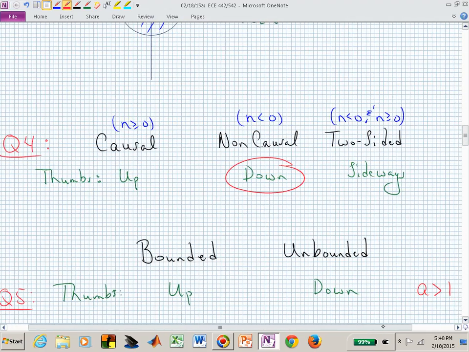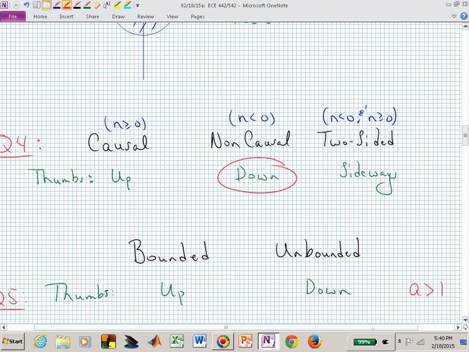With this same pattern, but now A is bigger than 1. A is bigger than 1 with that pattern, up or down for bounded or unbounded at the count of 3. 1, 2, 3. I see a few thumbs that are down, which now we have to remember we have a negative exponent.